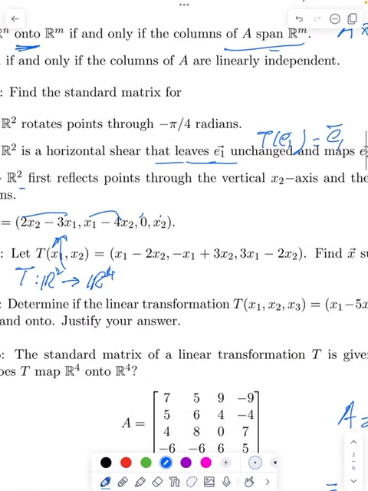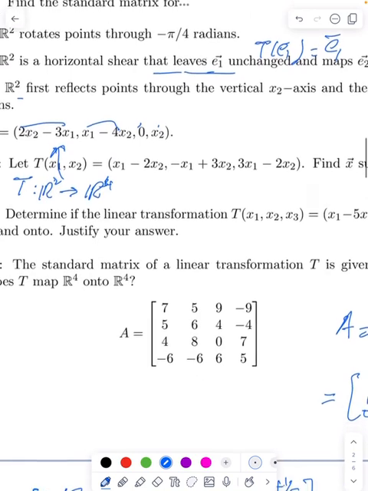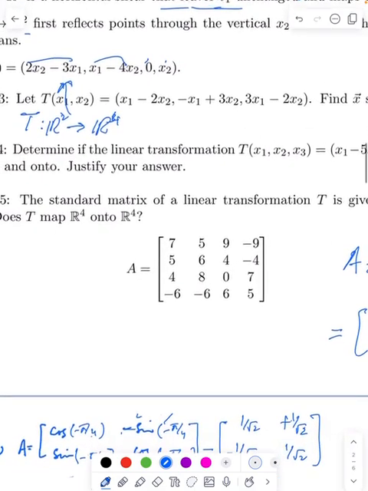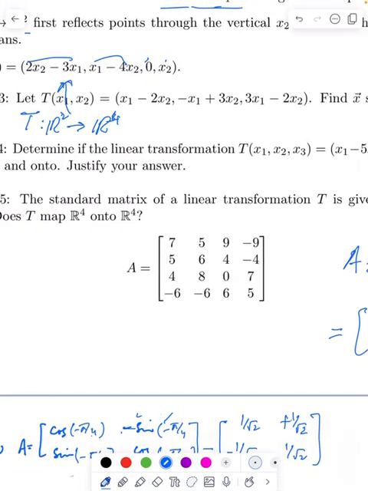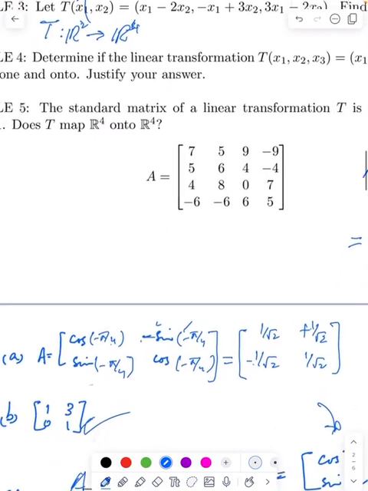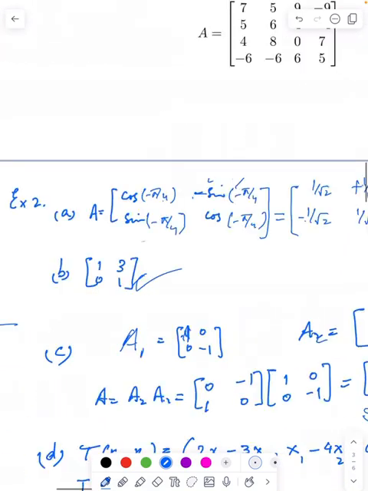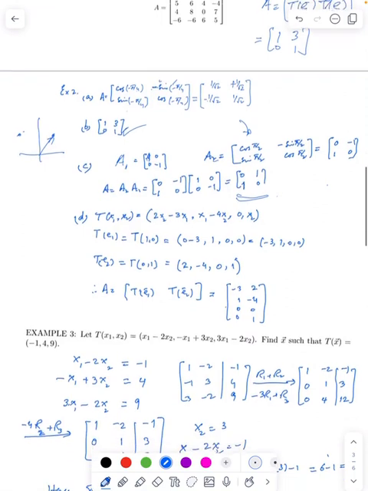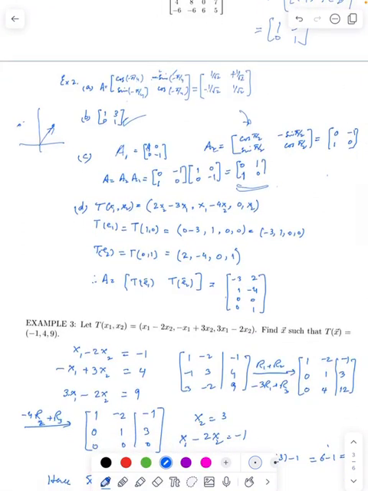So we will find the images of the E1 and E2, because we are in R2, so we will have only 2 components, right? X1 and X2. So E1 and E2, that's what we want. What is T of E1? What is T of E2? So that's what I did here.